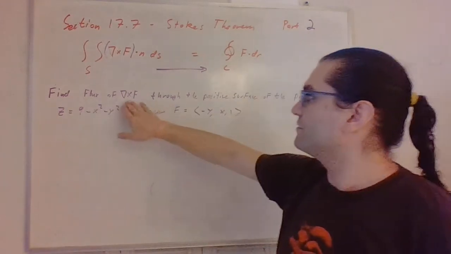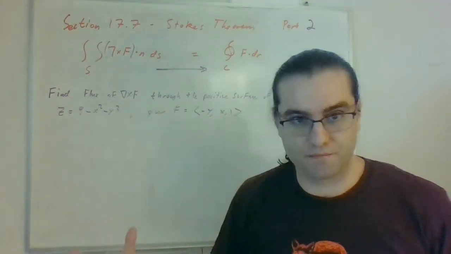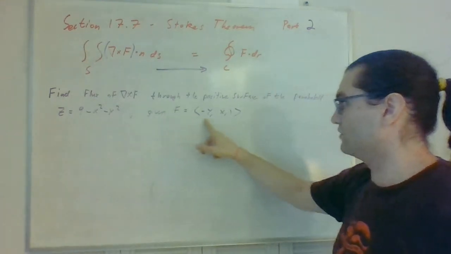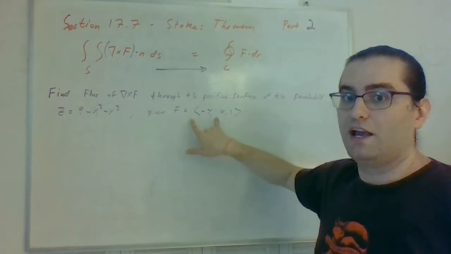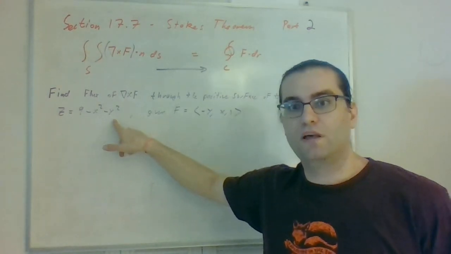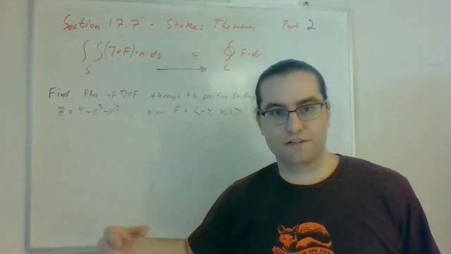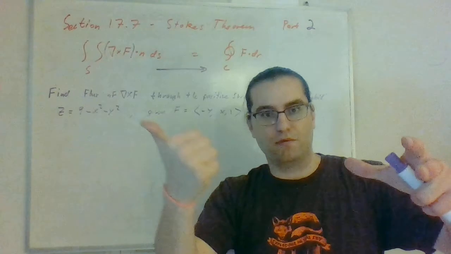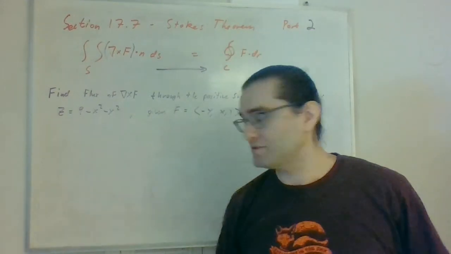So if we were going to do this one without Stokes' theorem, we would first have to find the curl of f. So we would start by taking the cross product of this thing. And then we would parameterize this surface. And then we would find the derivatives and take another cross product to get the normal vectors, things that are always normal to this paraboloid. So things would be sticking out at various angles all over the place.